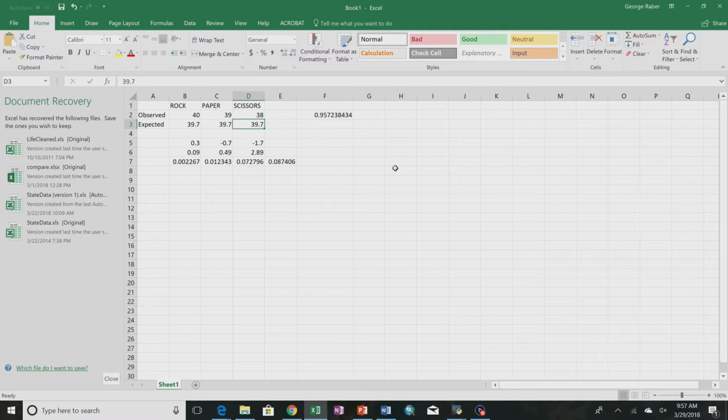So what would that mean? Should we accept or reject this time? Accept. Even though these numbers aren't exactly evenly distributed, it's possible that the person truly is random, and this time it worked out that way because of randomness.